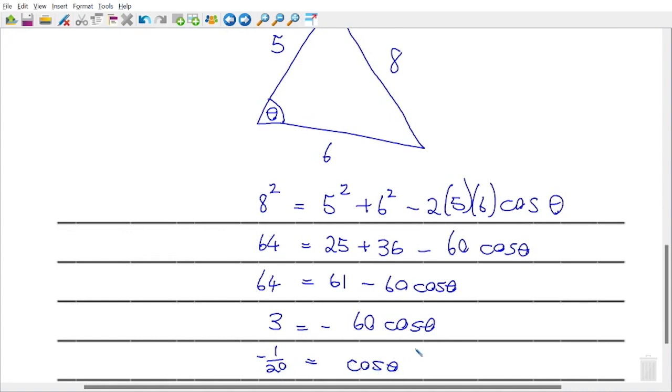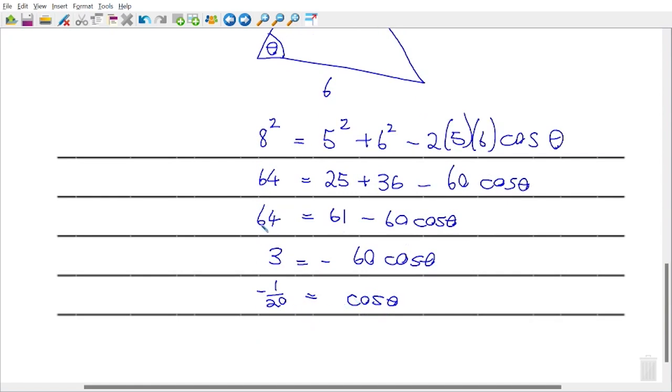Now I want to find the angle, and it's an angle between 0 and 180, obviously, because it's in a triangle, but I'm getting the negative value for cos, so it's obviously an obtuse angle. What I'm going to do, as I've done every time when I solve a little trig equation, I'm going to find a key. And remember, the key to finding a key is I'm not going to put the negative into the calculator. So I'm going to go shift cos of 1/20th.